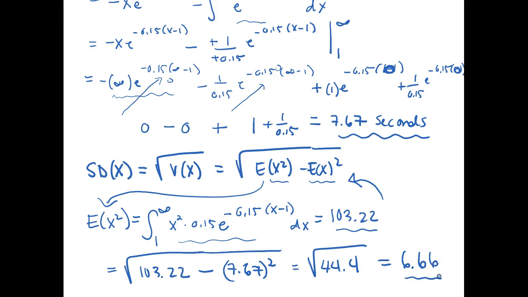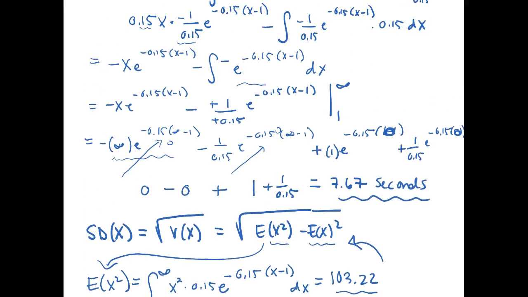All right, so that is the standard deviation. So on average, the time that people wait at the median line deviates from the mean by 6.66 seconds.